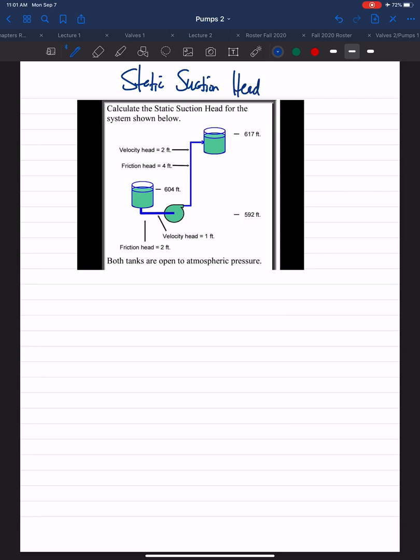So let's do an example. Calculate the static suction head for the system below. Both tanks are open to the atmosphere, so at atmospheric pressure. We set our static suction head.